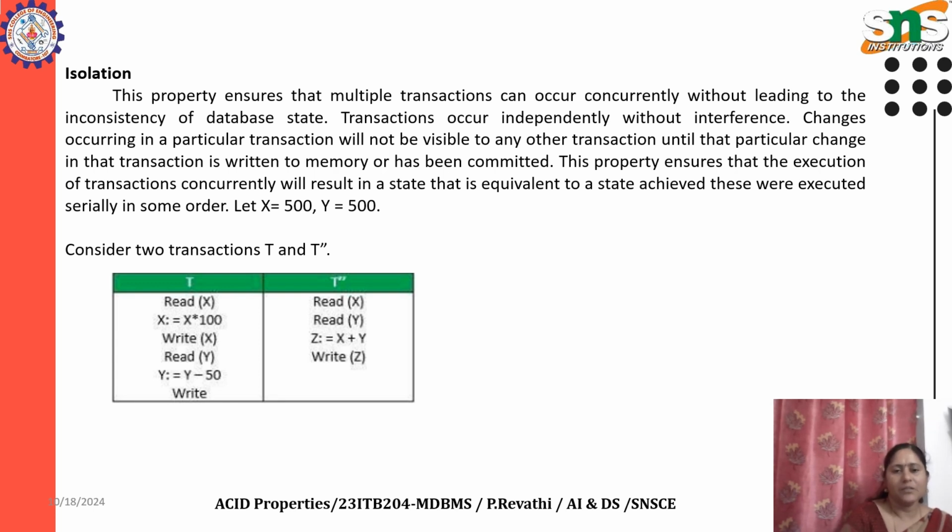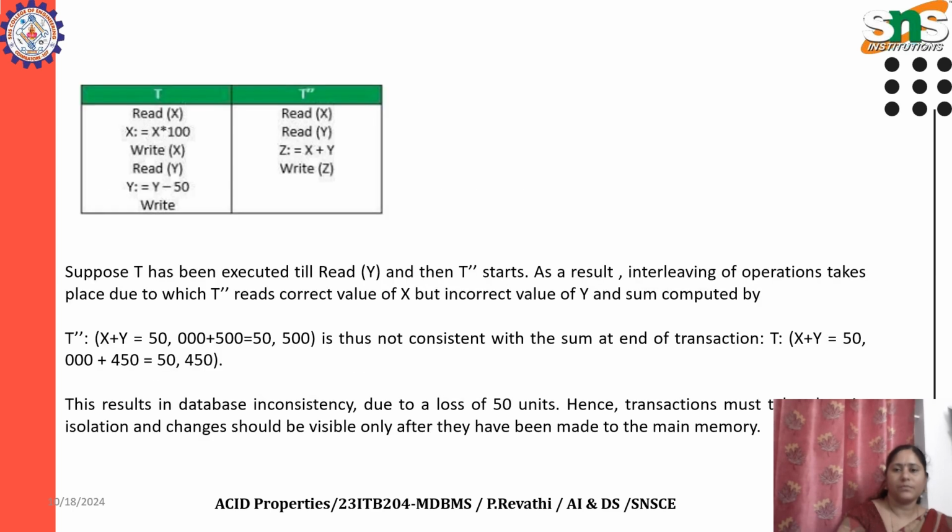In T dash, we are reading X, reading Y, and then we are calculating X plus Y. Then that value is added. After that, that is stored in Z. Then we are writing the Z value. Suppose T has been executed till read of Y and then T dash starts.